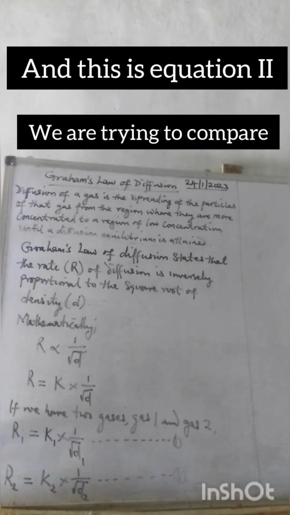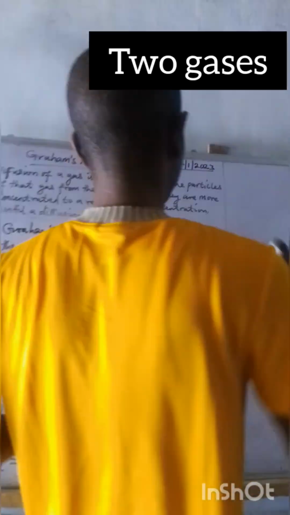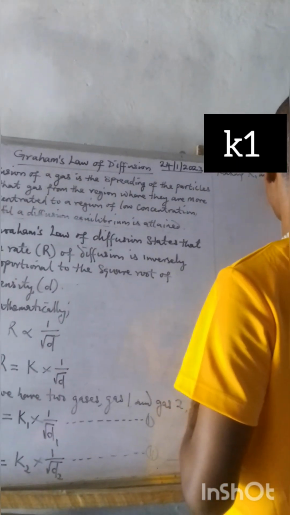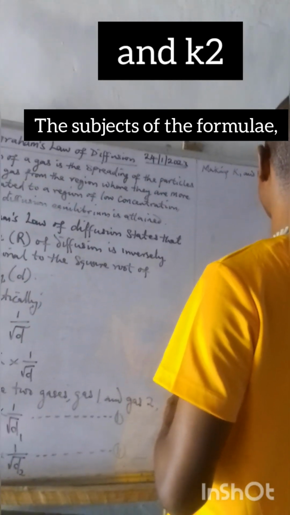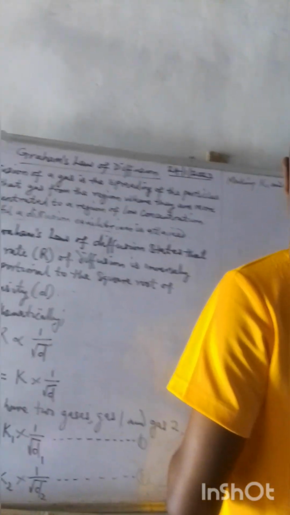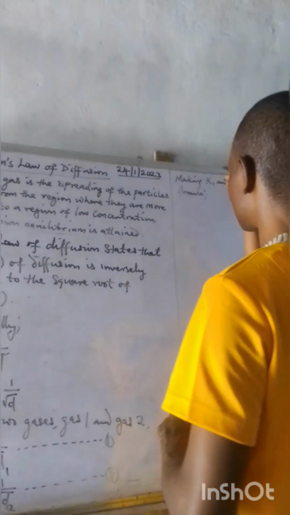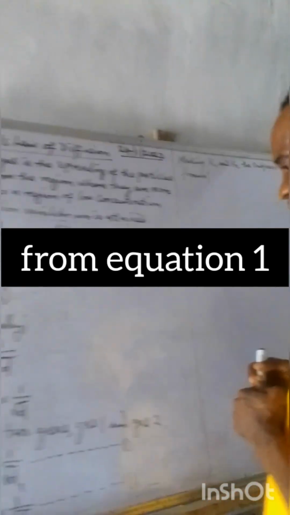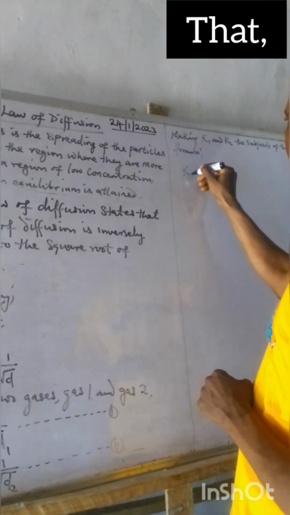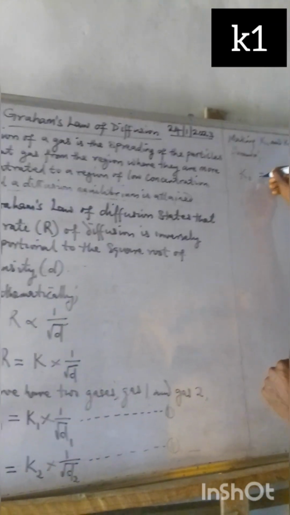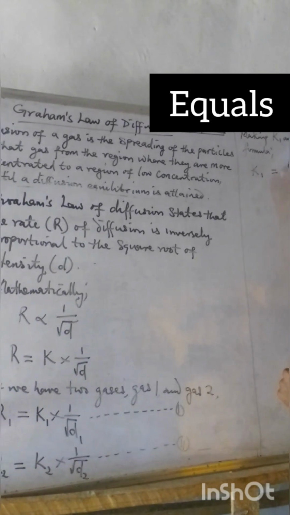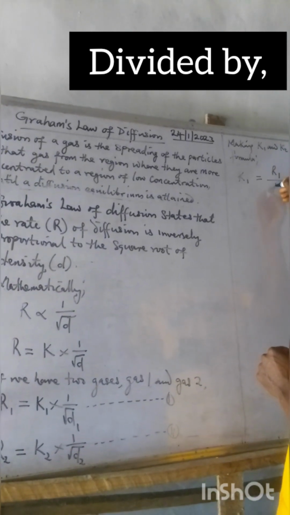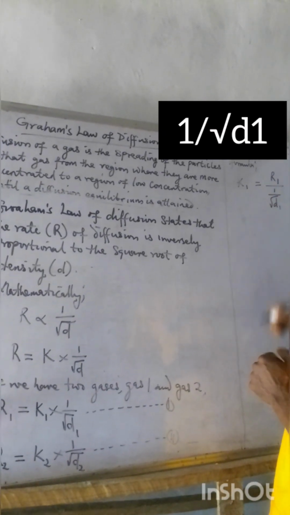We are trying to compare two gases. Now, making K1 and K2 the subjects of the formula, we can now have from equation 1 that K1 equals R1 divided by 1 over square root of d1.